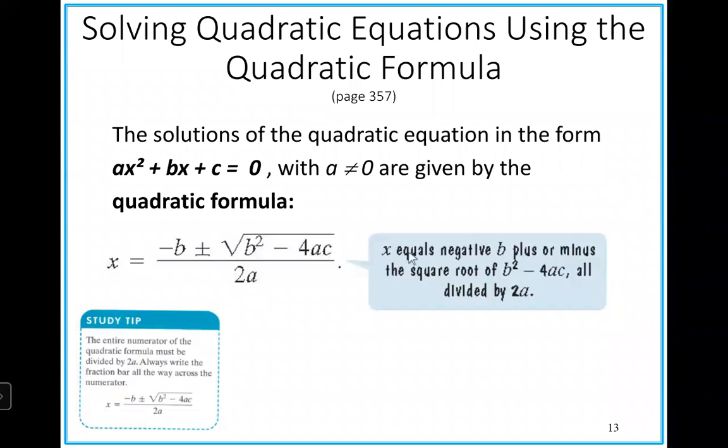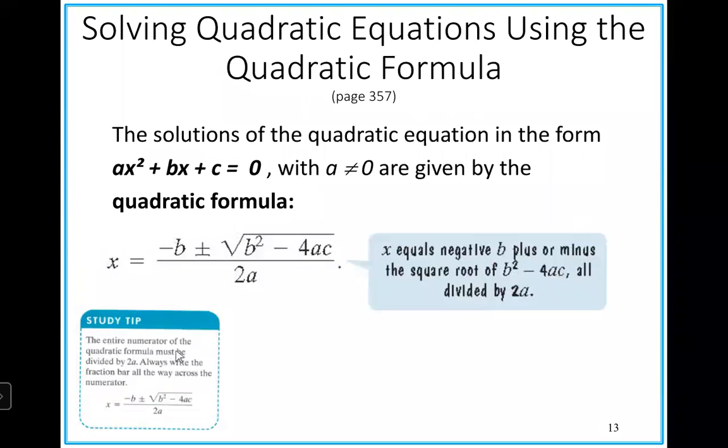Okay, so you will see the explanation here. x equals negative b plus or minus the square root of b squared minus 4ac, all divided by 2a. And the study tip emphasizes that all divided by 2a means the entire numerator. So all of this at the top is your numerator.